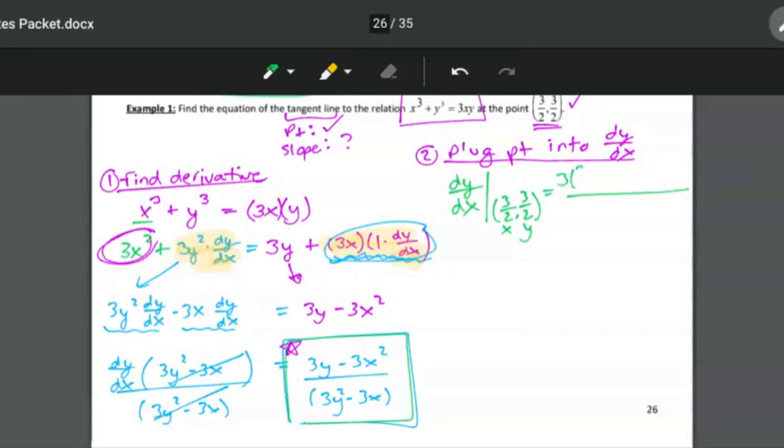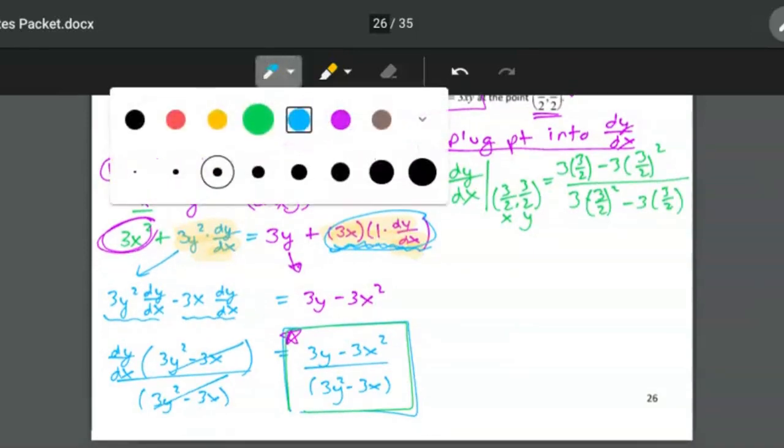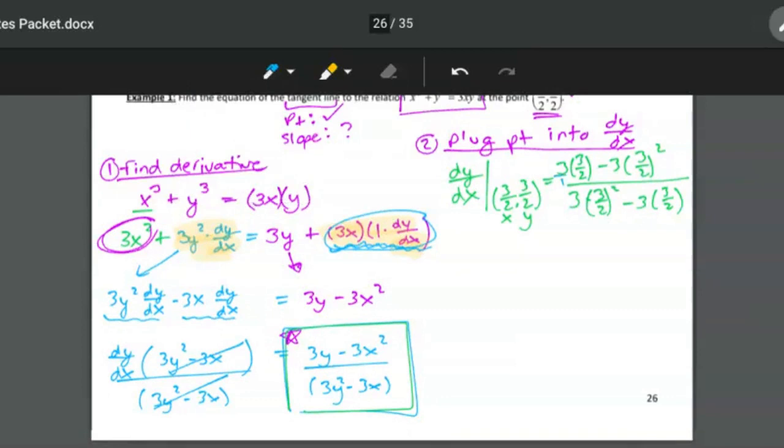So we'd have 3 times 3/2 minus 3 times 3/2 squared, all over 3 times 3/2 squared minus 3 times 3/2. To make this easier to simplify, I'm going to make these fractions. If we carry out the math, on the top we get 9/2 minus 3 times 9/4, since 3 squared is 9.